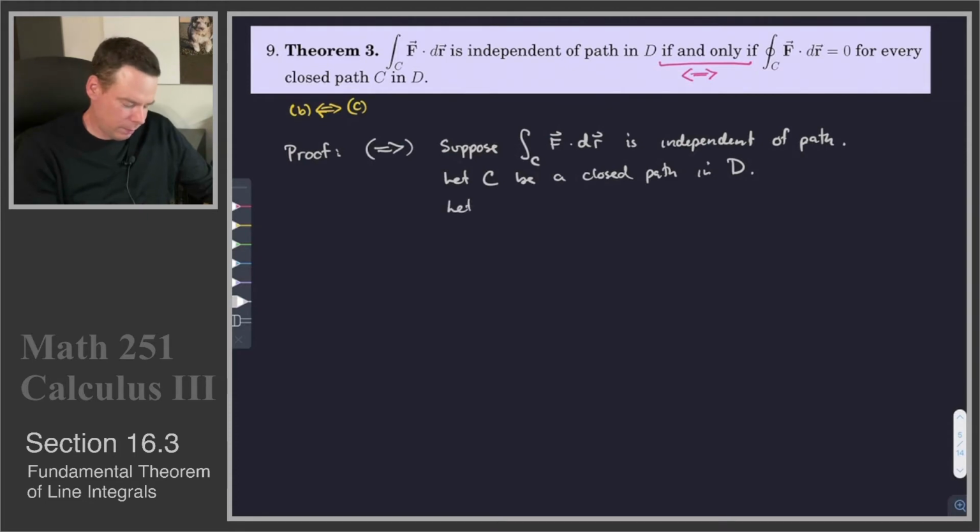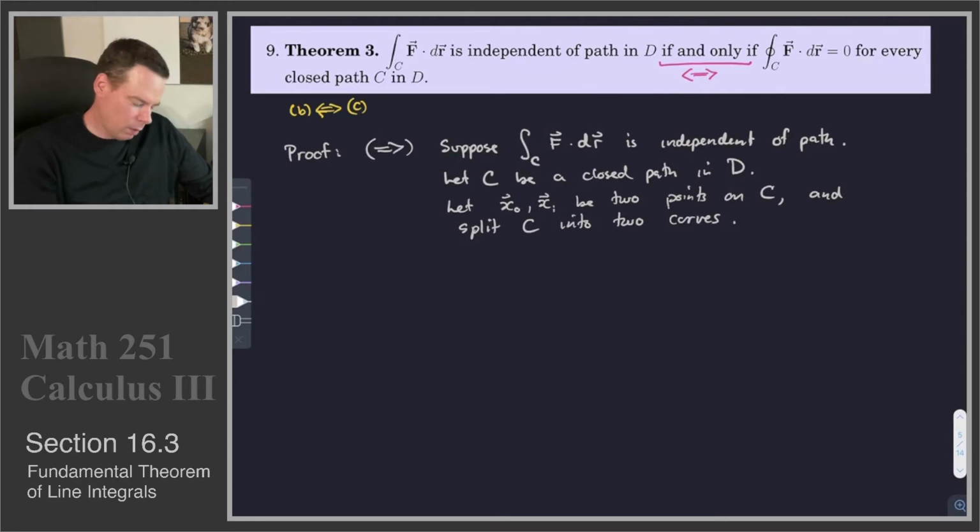So let's also let x0 and x1 be 2 points on C, and we'll split C into 2 curves. So the idea is we've got this closed path C, and we've just let x0 be some point on it and x1 be another point on it.